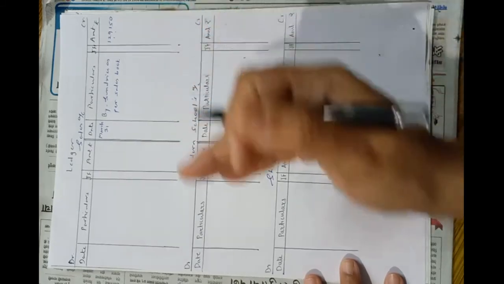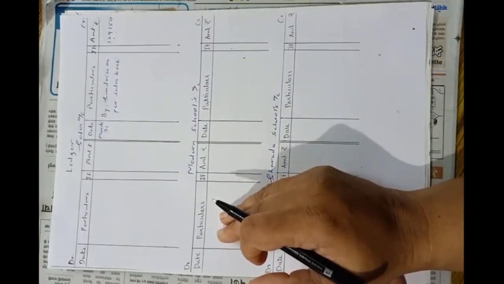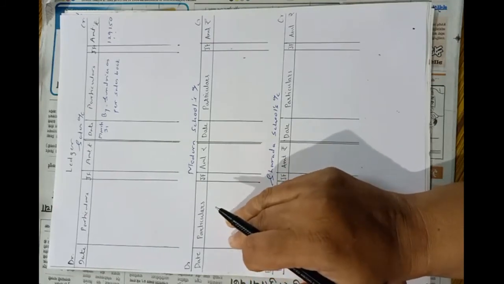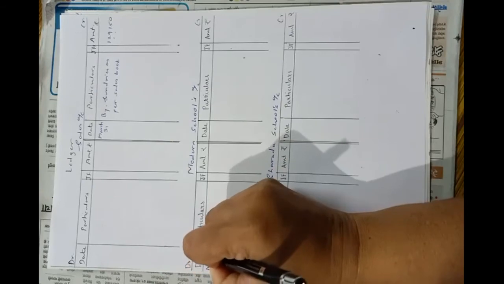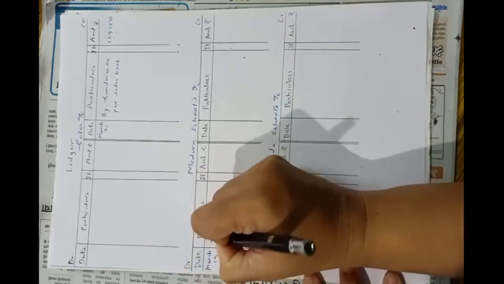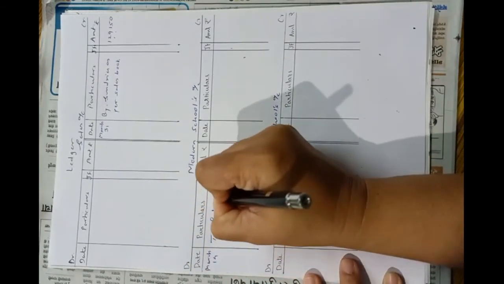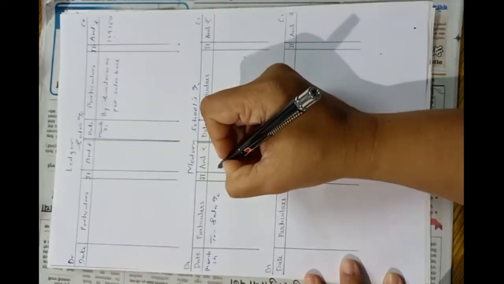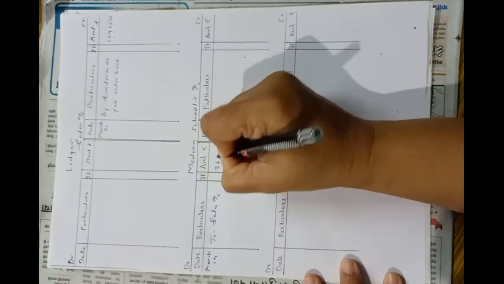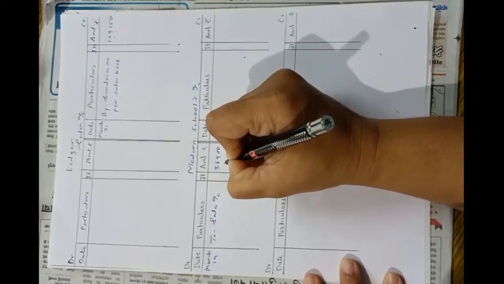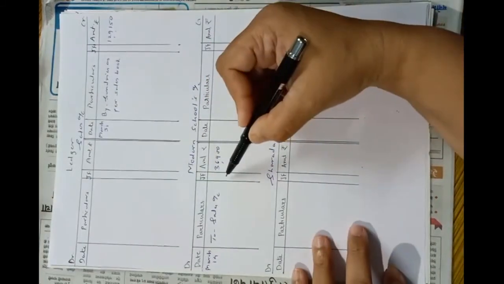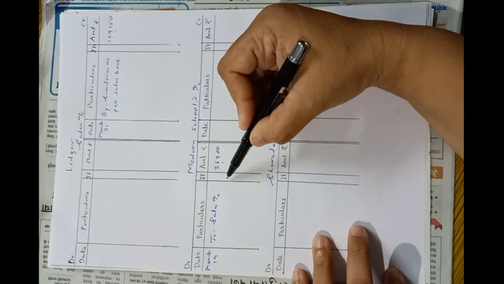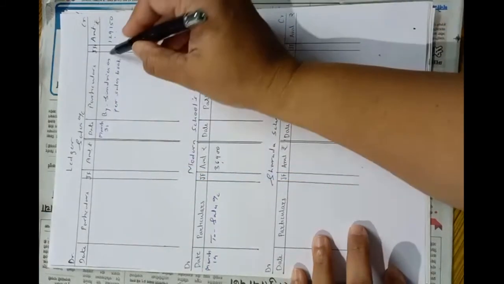So the first posting will be on the debit side of Modern School's account on the date of 14th March, to sales account, and the amount is 36,900.